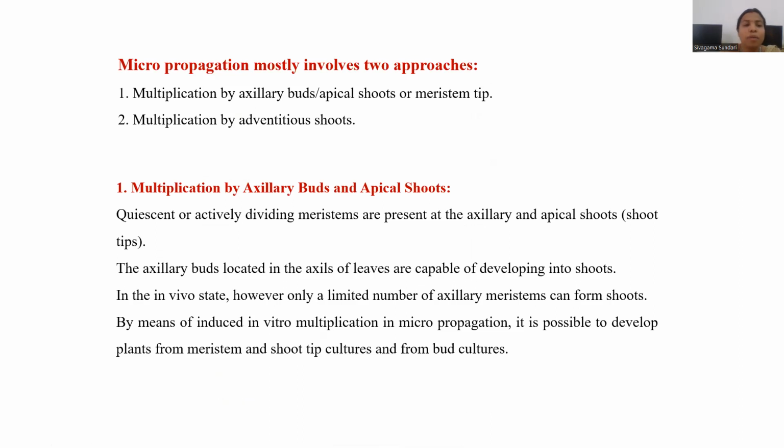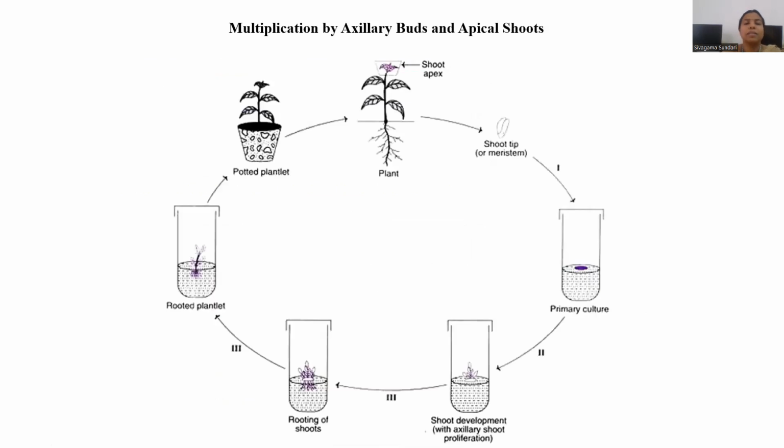So moving on to the techniques involved in micropropagation: multiplication by axillary buds or apical shoots or meristem tip, or multiplication by adventitious shoots. Let me see multiplication by axillary bud. Buds in the axillary region are highly meristematic in nature and disease-free. So you have to cut the shoot apex, which is disease-free. As usual, you do the sterilization procedure, following aseptic techniques to initiate a culture in a lab.